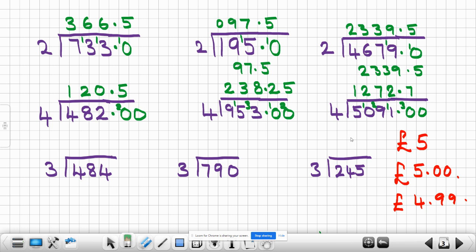Didn't make that same mistake twice. And there will be a remainder of 2. 4 7s are 28, remainder of 2. Put it in front of that 0 to make 20. 4s into 20 goes 5.